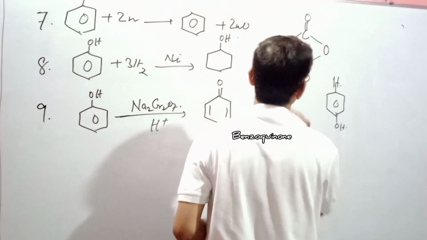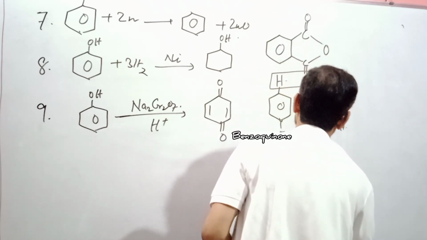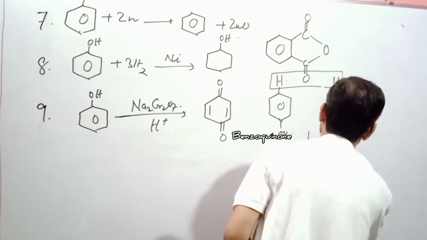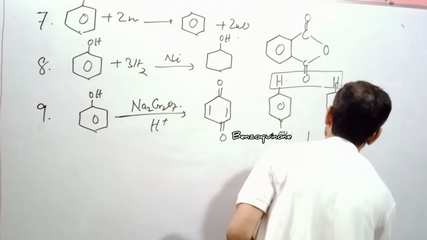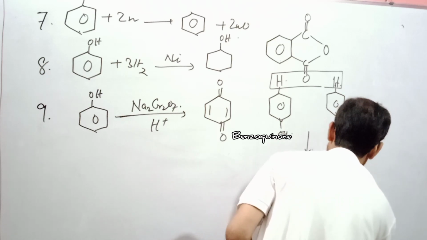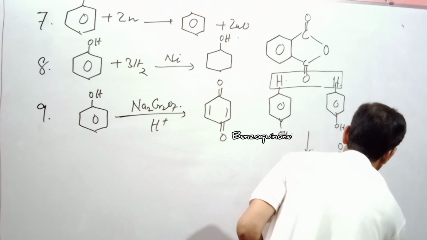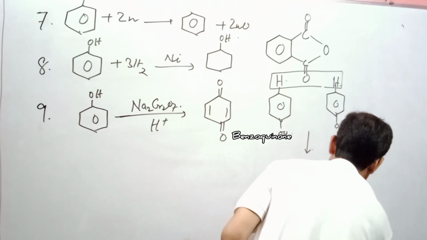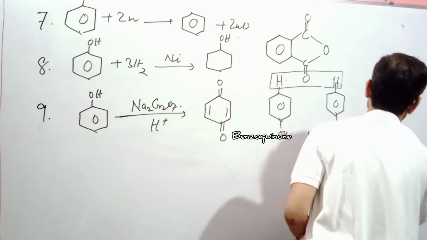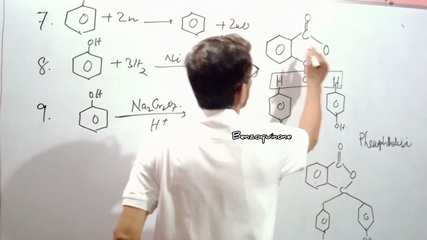Two moles of phenol with phthalic anhydride give phenolphthalein.